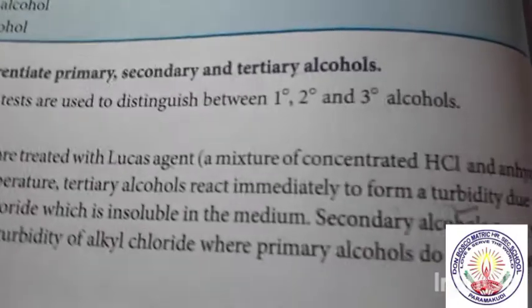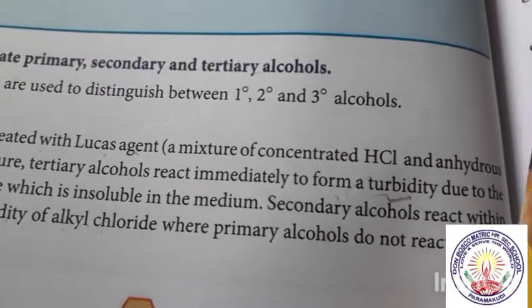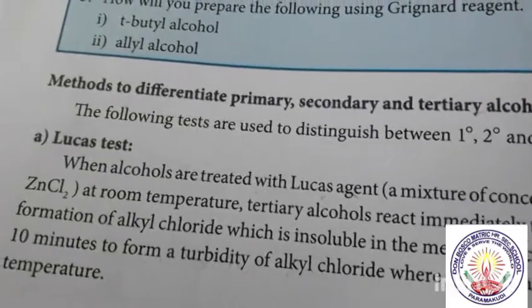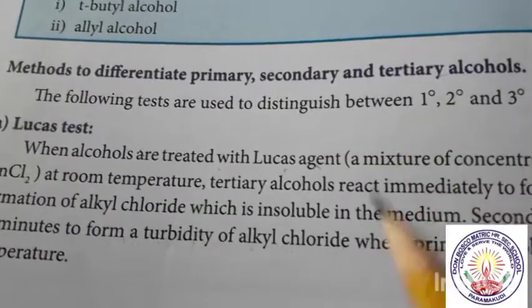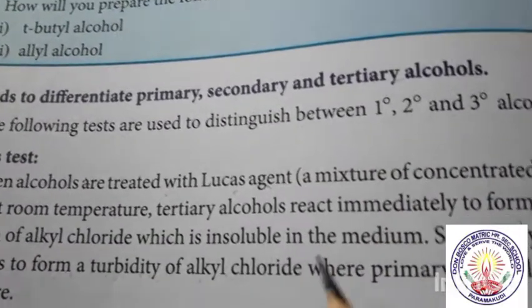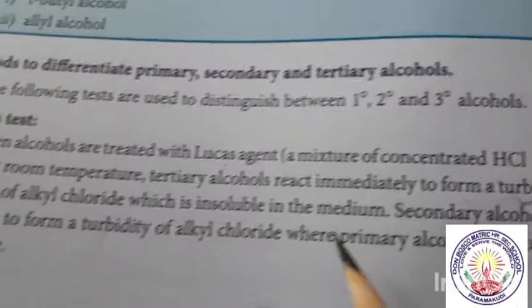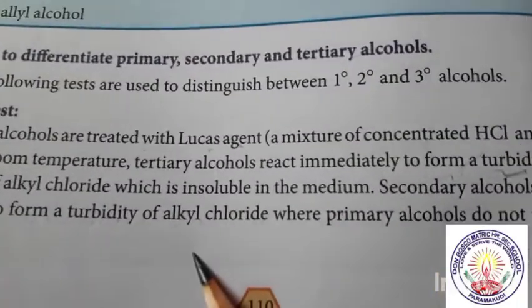The tertiary alcohol will form turbidity due to the formation of alkyl chloride, which is insoluble in the medium, and the secondary takes 10 minutes and the primary does not react.